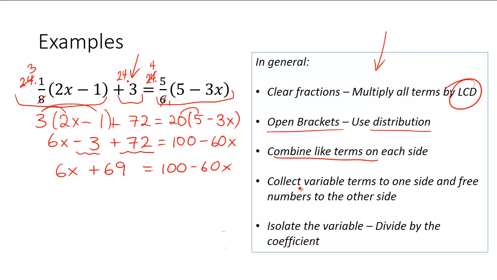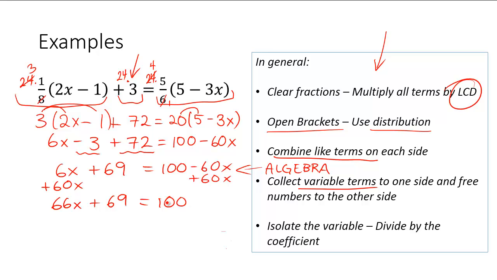Now we can collect our variable terms to one side and the free numbers to the other side. So we could add 60x, and this is actually where the algebra actually starts. The rest is just simplifying. Plus 60x, so we've got 66x plus 69 equals 100.